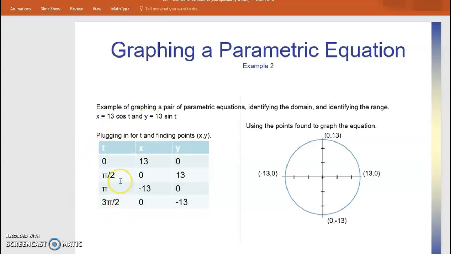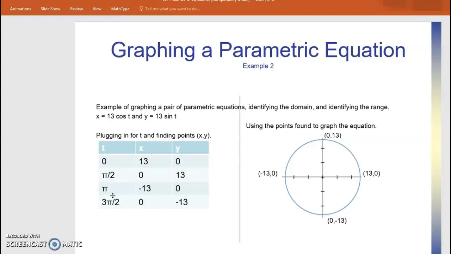Though there are no restrictions on what you plug in for t, notice that whatever you plug in for t, you must take the cosine of that angle and also the sine of that angle. Yes, you may use a calculator, but it is wise to choose angles that you know the sine and cosine of, and even wiser to choose angles whose sines and cosines are very easy to work with.